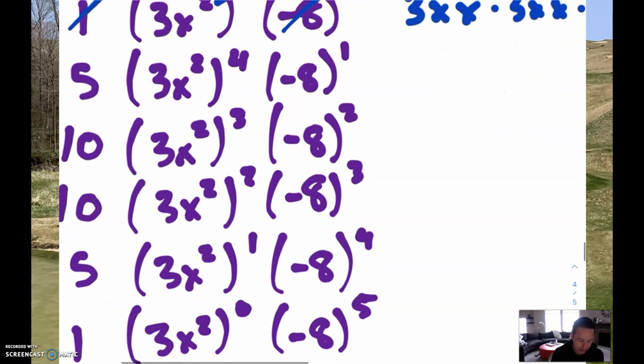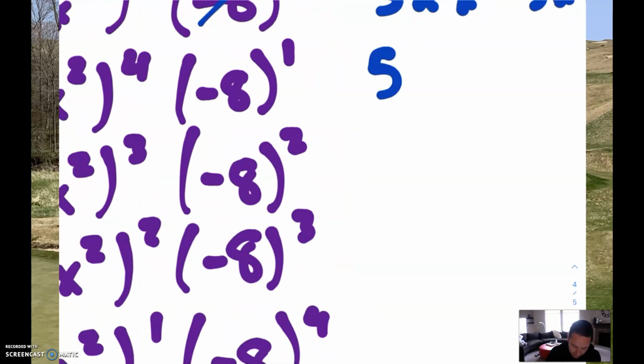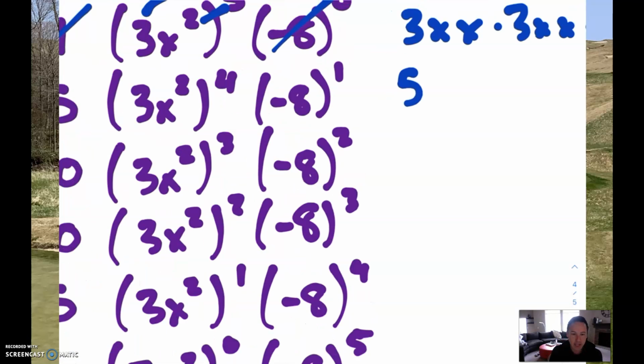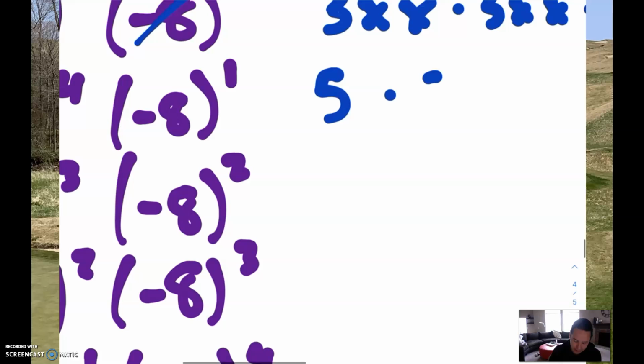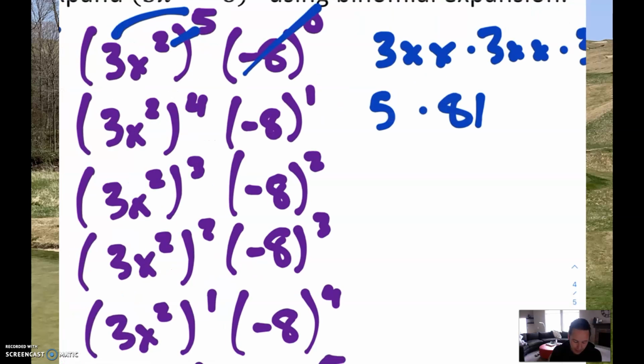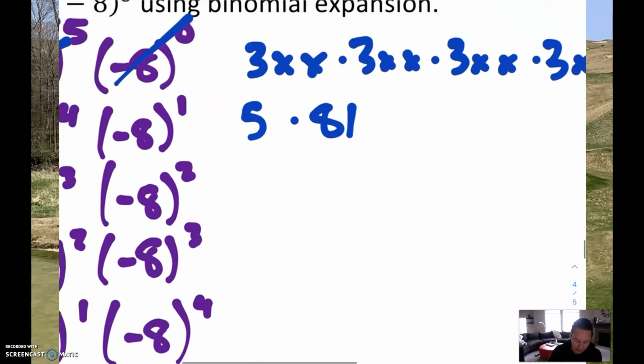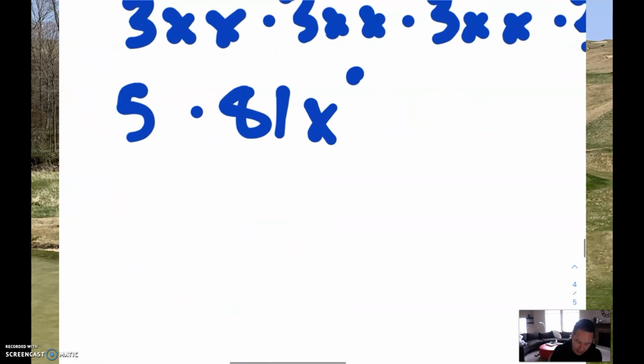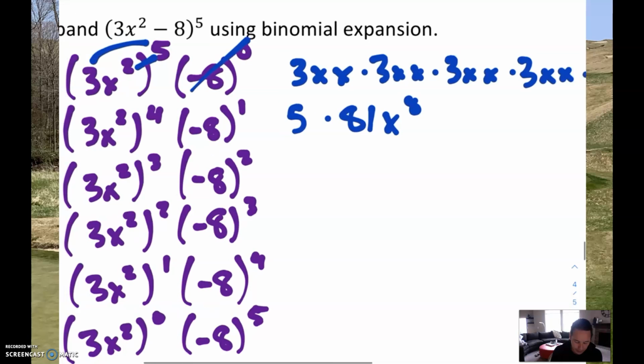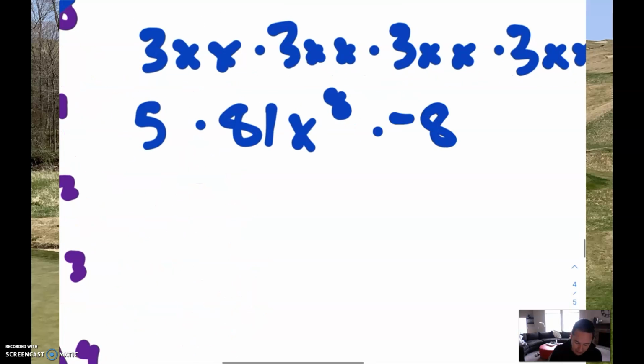We have 5. I'm just going to start by writing the 5. Then we have 3x squared raised to the fourth power. So that 3 gets raised to the fourth power, and that's an 81. And that x squared gets raised to the fourth power, and that's going to become x to the 8th power. And then we have negative 8 to the first. That's just a negative 8.